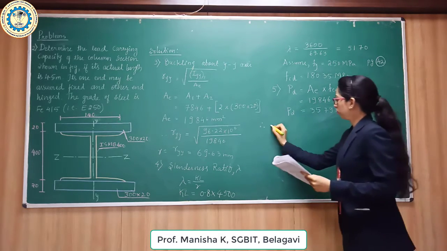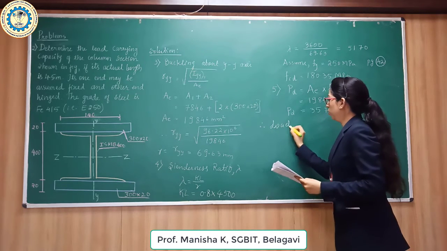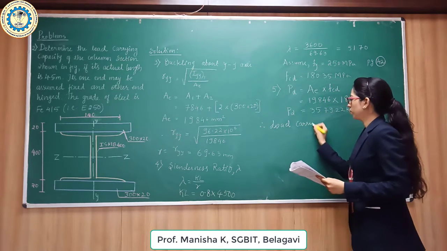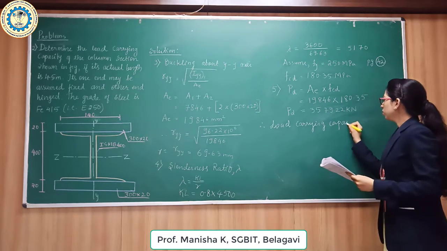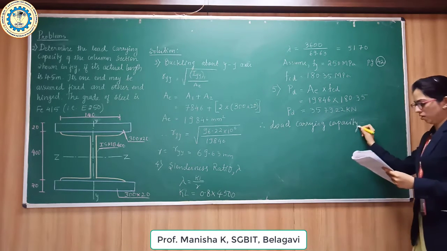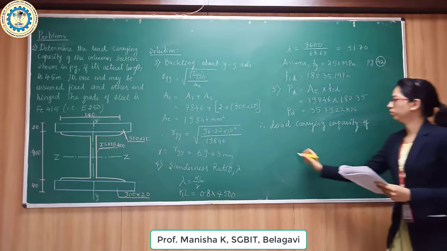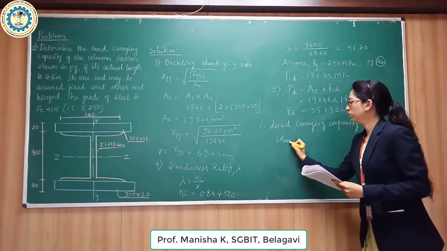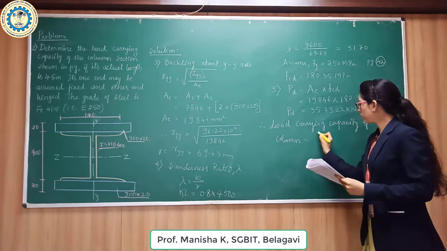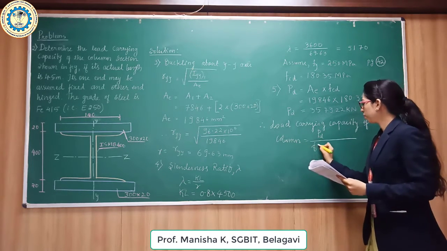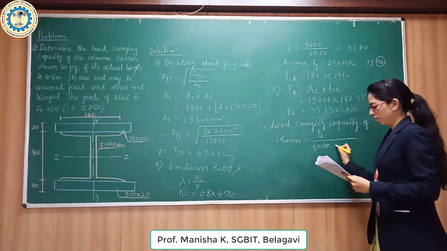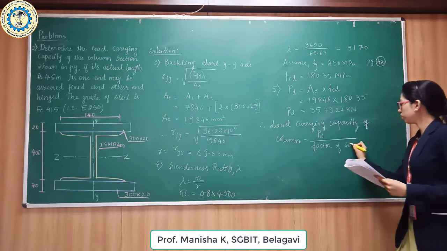So load carrying capacity of column is equals to P of D divided by factor of safety.